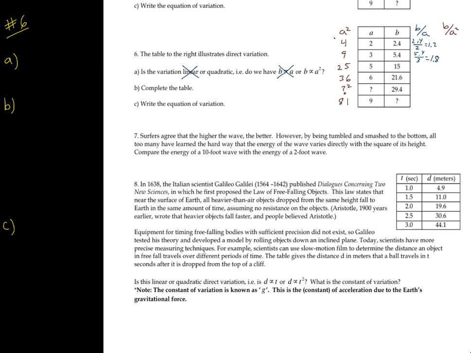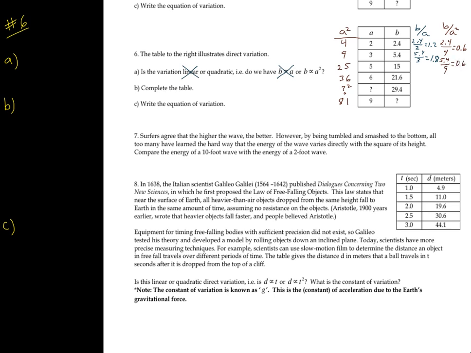Okay, so looking now at the ratio of b to a squared, we're looking at these values. 2.4, sorry, the pen's really sensitive there on the small 4's, divided by 4. This has a ratio of 0.6. And now for the next ratio, 5.4 divided by 9, that's also 0.6.